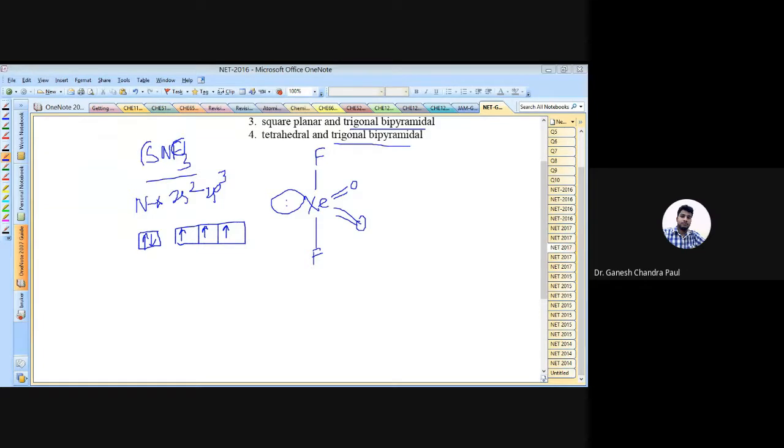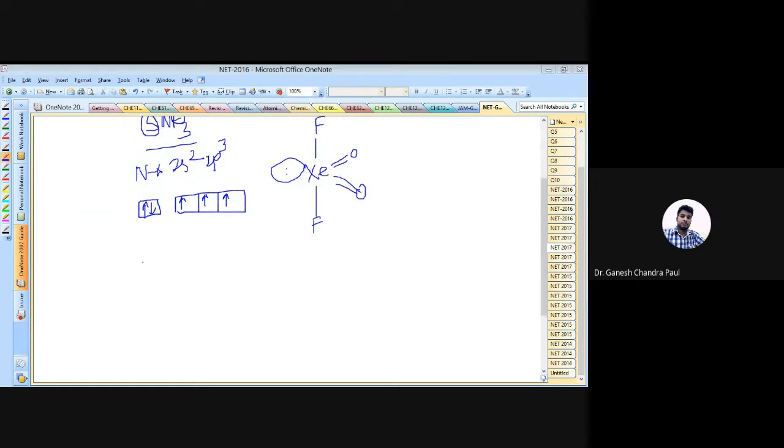But what about sulfur? This is the ground state. Now if you excite one electron from 2s2 to the vacant cell... Sir, nitrogen does not have a vacant d orbital, sir. Yes, there is no vacant d orbital. Then how can you do that?